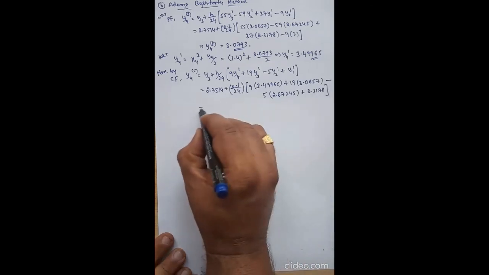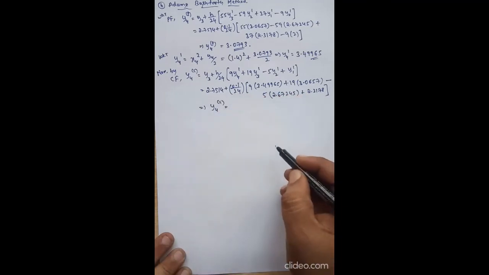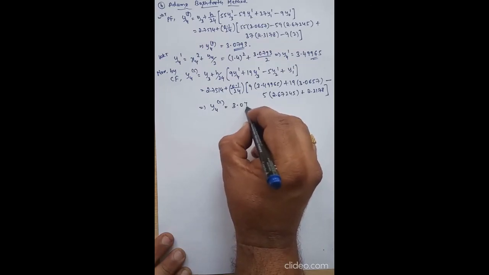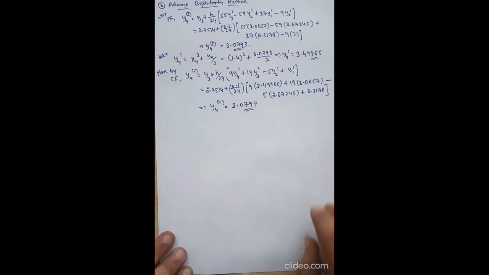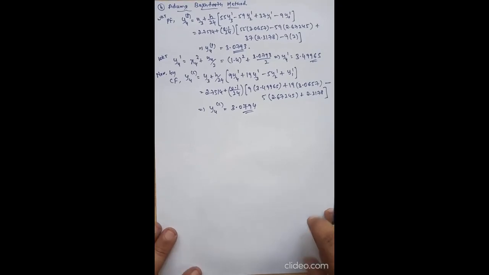So the values are substituted. Use your calculator and calculate this. So this will give you 3.0794. So this is the corrected value. And if you observe, here also the predictor and corrector values are almost the same.